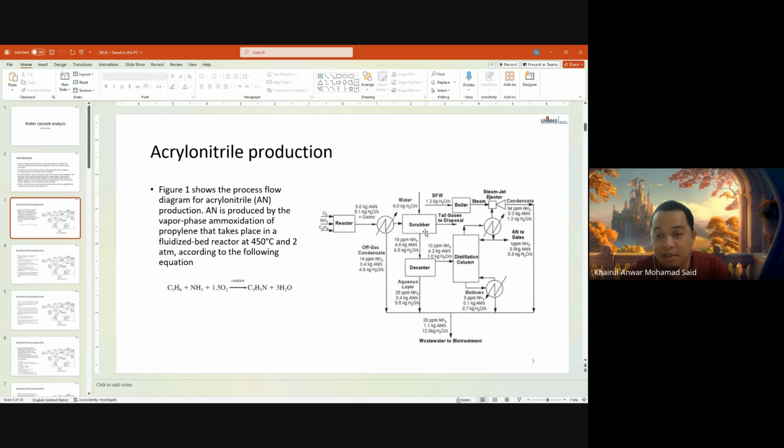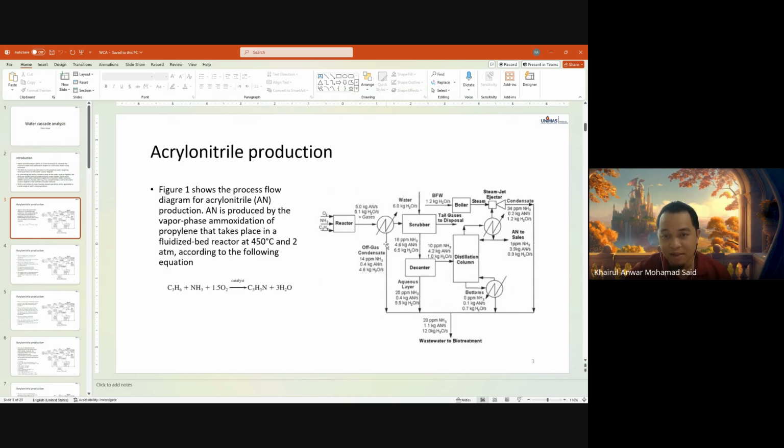After the gases go to disposal, this is the scrubber, and the product goes to the distillation column, and that is here.